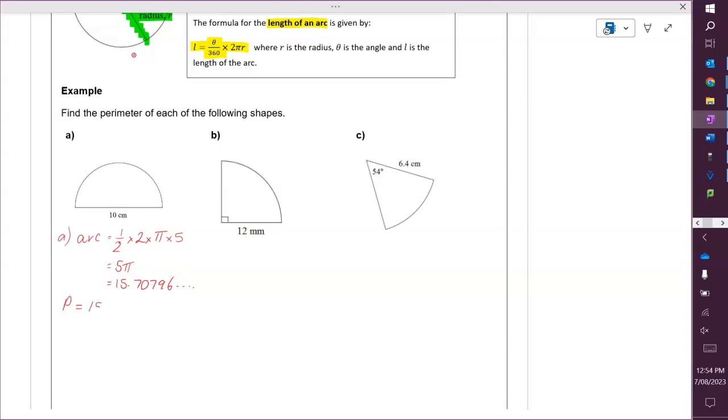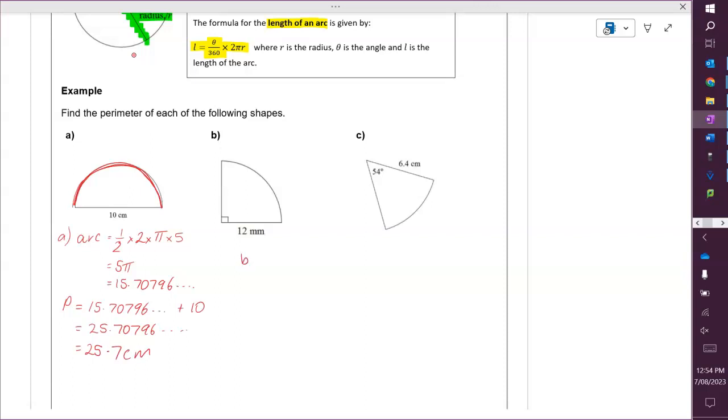So the perimeter is this number above, all of that number, plus, because that only has found me this part here. This is our arc. I then need to add on the diameter, so plus 10. So we get 25.70796 forever. If we round that to 1 decimal point, we get 25.7 centimeters.